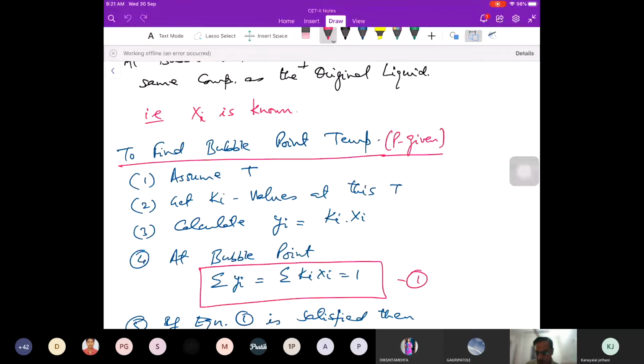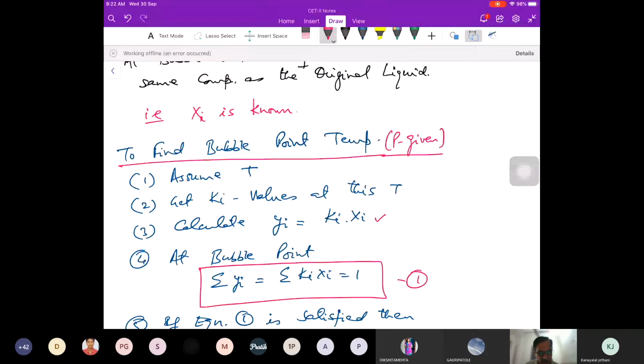At the bubble point, when the vapor is formed from the liquid, the vapor composition will be yi. So the summation of yi has to be equal to 1, because if there are two components or three components in the vapor, the sum of all the mole fractions in the vapor phase should be equal to 1. For the liquid it will be, because that is given already.